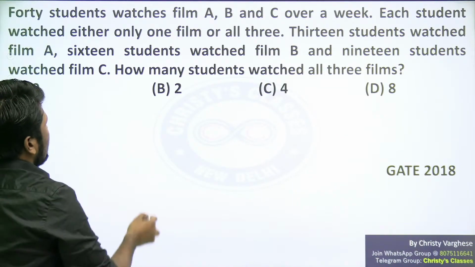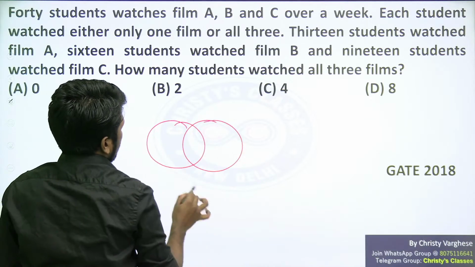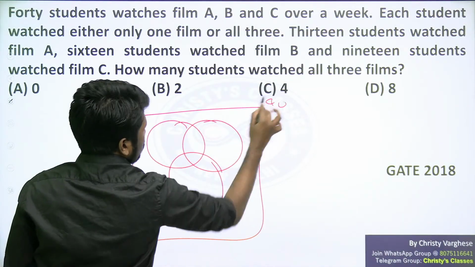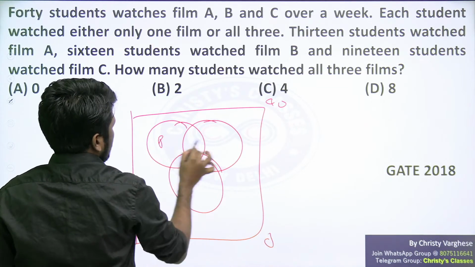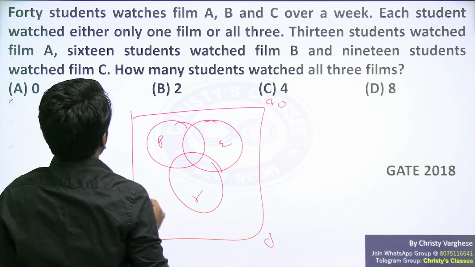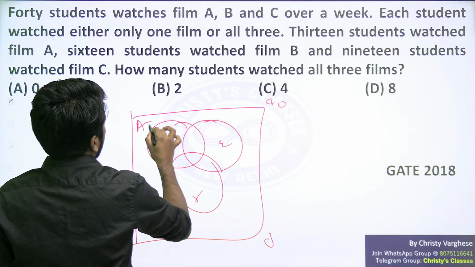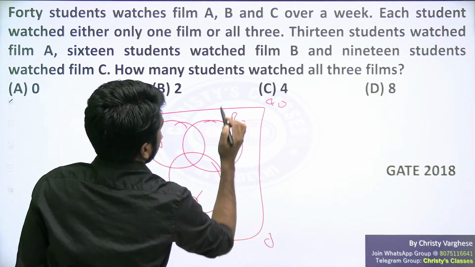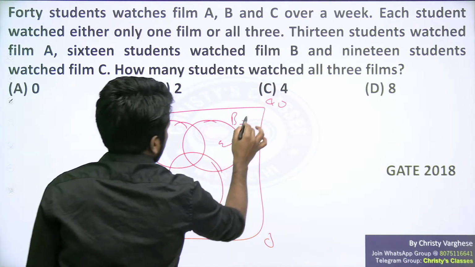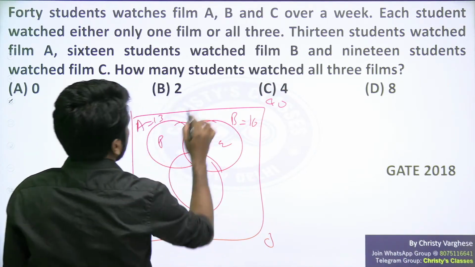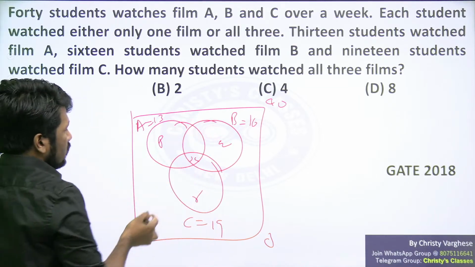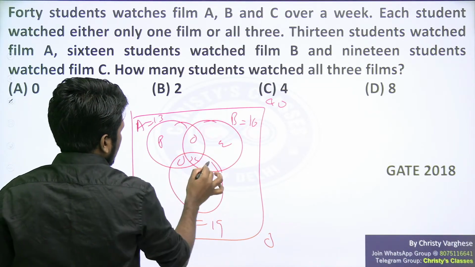So I will just draw the Venn diagram once again for a logical solution. Total is 40 people, and we know that this is 0 and this is P, this is Q, this is R, which we have assumed, and A is 13, B is 16, and C is 19, and this is our required unknown X. All these 3 are 0.